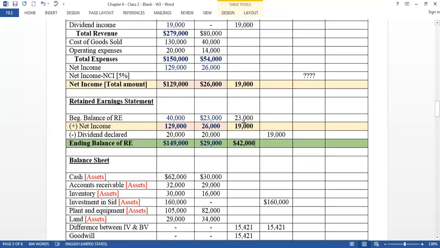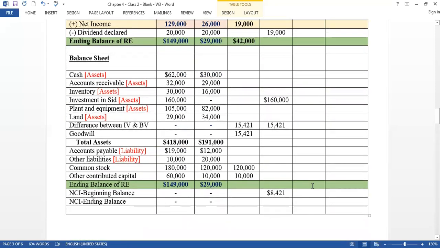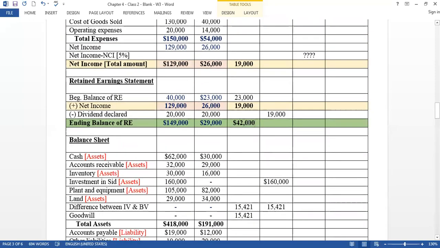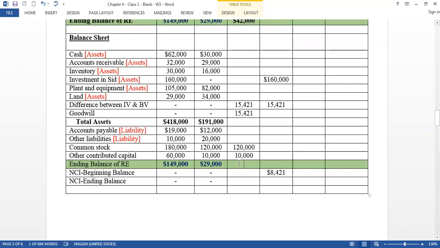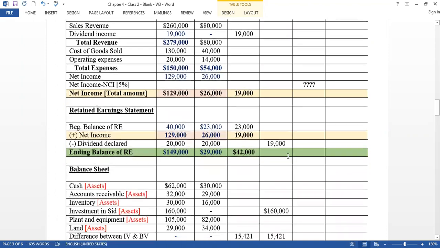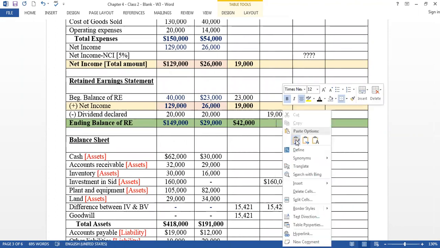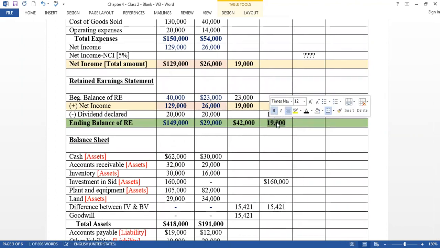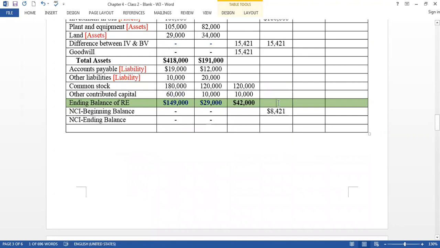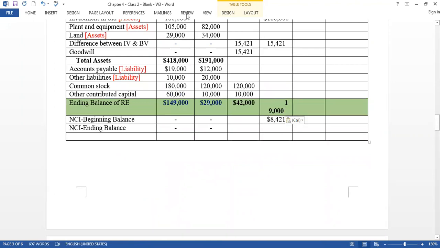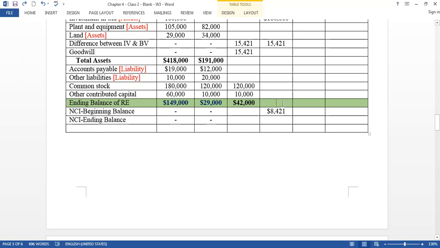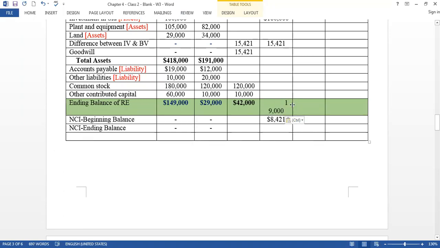Do you understand here? Now I told you that every green should follow here. Every green should follow. That means this 42,000. This 42,000 is the retained earnings ending balance, right? I put here. Clear? Then we have 19,000 here. So this 19,000 we will put where? We will put here. Do you understand? Again, it is green, right? We copy here and put here. What happened?